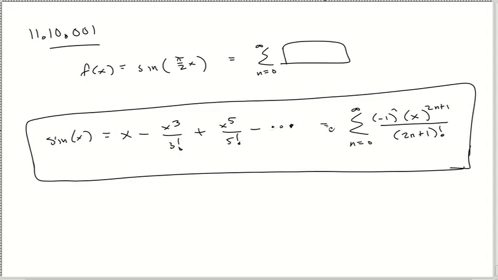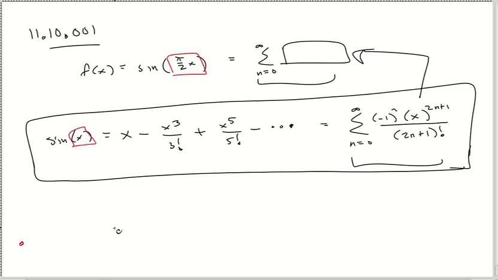The reason why is because it says my answer is the summation, so you're basically just going to copy that and put it in. There is one small modification. Notice that what we have is pi over 2 x, and what they have is just an x. So wherever you have an x, and there's only the one right there, what you're going to rewrite over here is pi over 2 x.